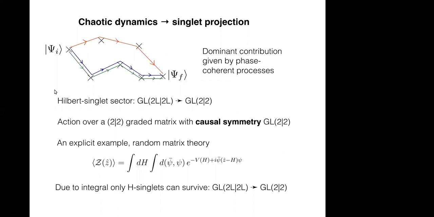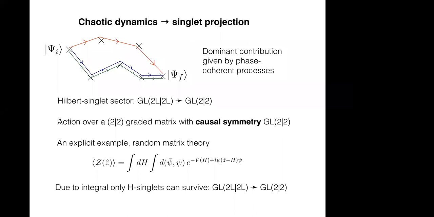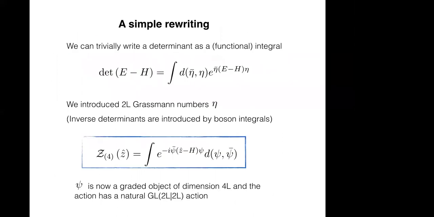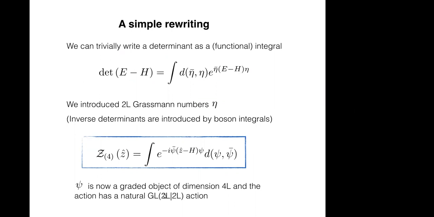Sorry, Julian, maybe there's some point I'm not understanding. Why is it like GL of 2L rather than GL of L cross GL of L? So you have like 4 copies of the Hamiltonian, right? Yeah. So I have two fermionic and 2 bosonic copies if you want. Okay.